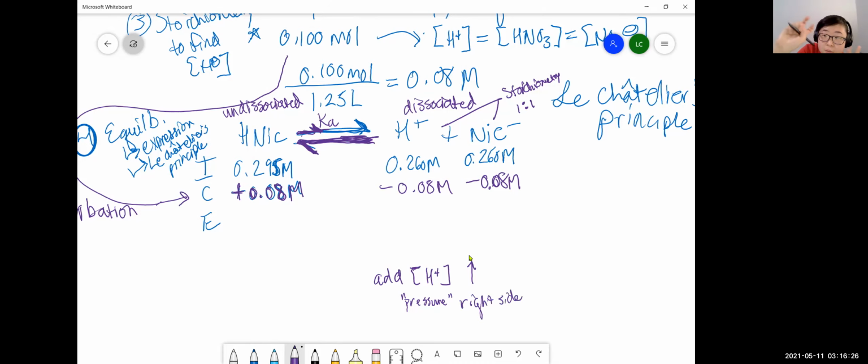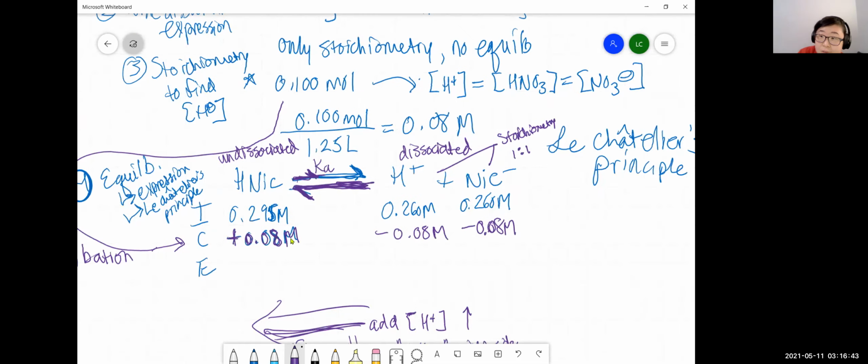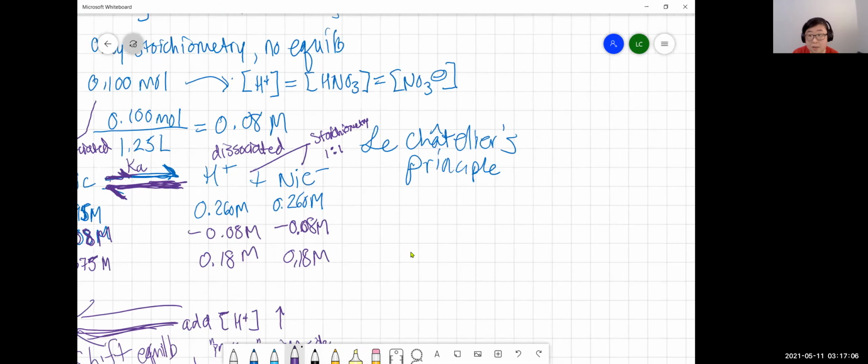To alleviate this pressure, it's not real pressure, we need to shift it left. And because we're shifting it left, we add more concentration to HNIC. We subtract from the right side. And so what we get is 0.375. I hope this is helping you really conceptualize and understand how this works. 0.18, 0.18 more.